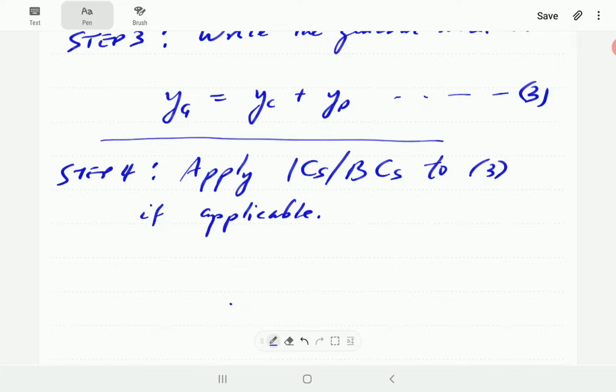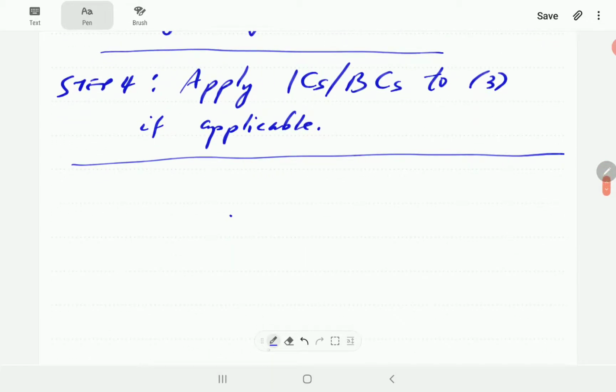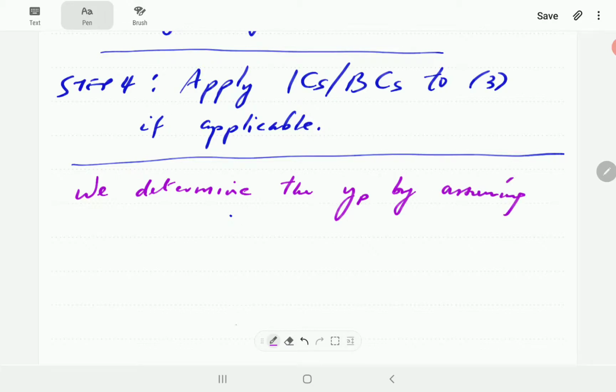All right, so now let's focus on the method of undetermined coefficients. So how do you find the particular integral? In the method of undetermined coefficients, we determine the particular integral by assuming a solution of a form similar to f of x.